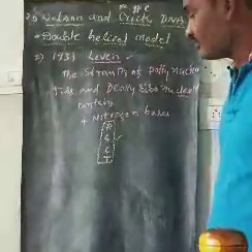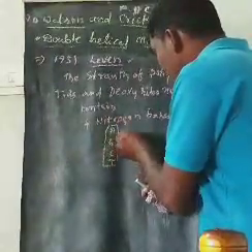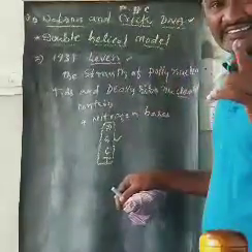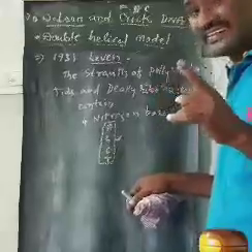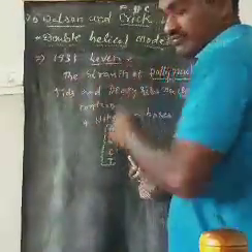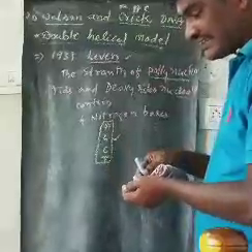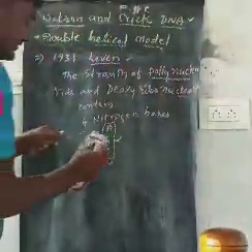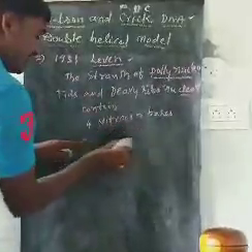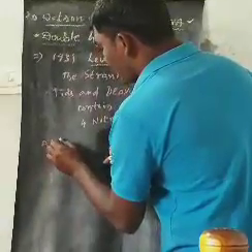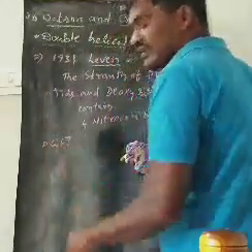Which type of structure? Here the nitrogen bases are repeatedly arranged to form the polynucleotide chain. That means we can identify adenine, guanine, cytosine, thymine.